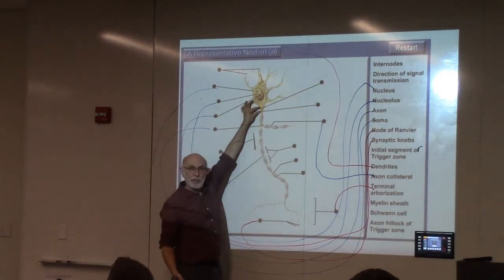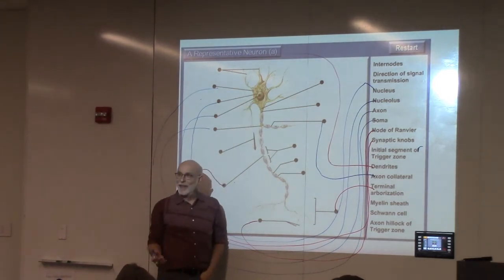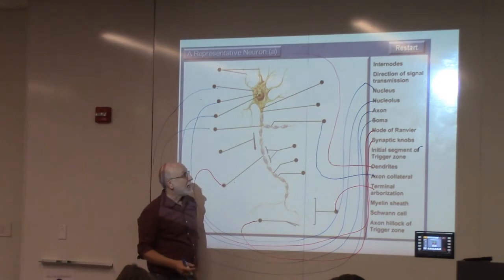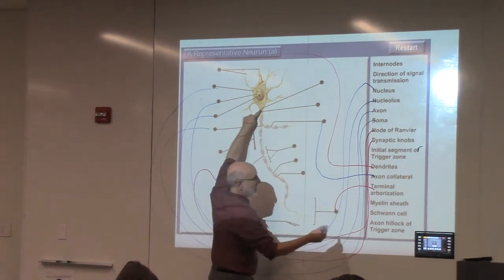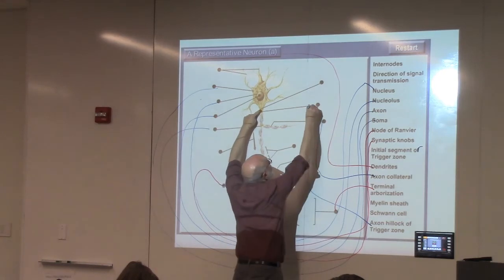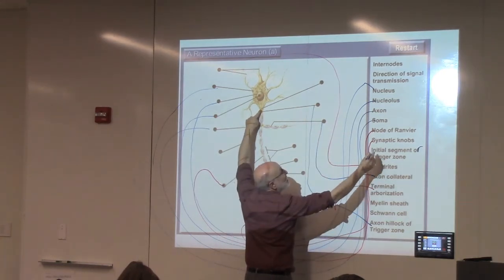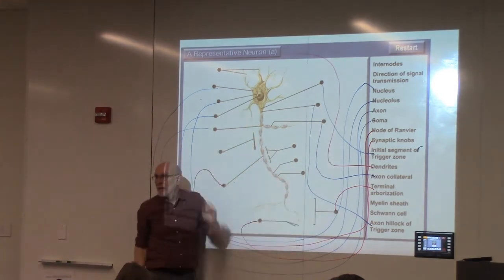This initial segment of the axon is where action potentials are triggered. And it's also called the axon hillock. So that's why there's two labels here. The axon hillock and the initial segment are both these things.